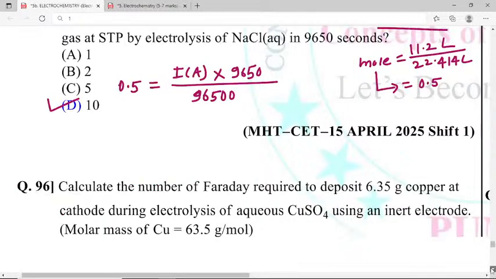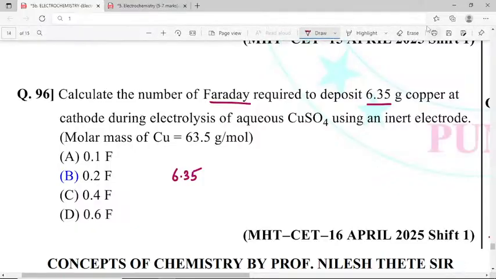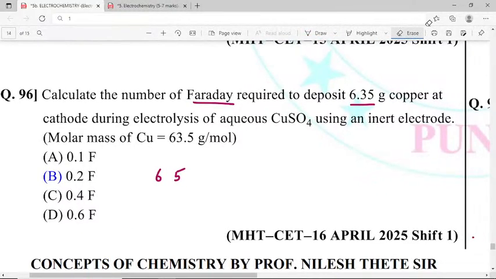Next, calculate the number of Faradays required to deposit 6.35 gram copper from aqueous solution. So this is very easy. So Faraday is required. W is how much? 6.35. Okay, it can be solved directly. Calculate the mole.